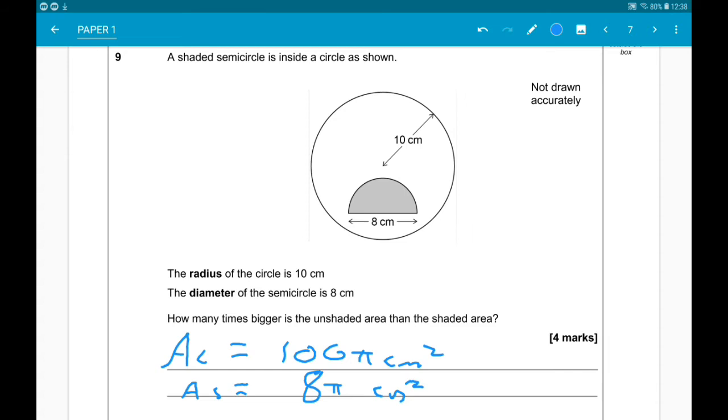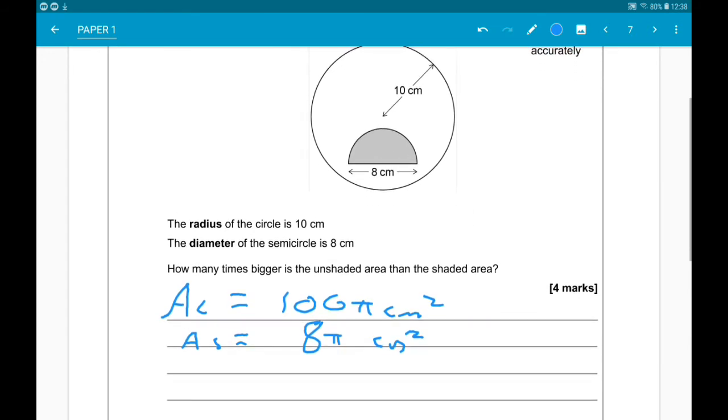Now, we now know the shaded area. What we don't know is the unshaded area. So the unshaded area is the whole circle minus the semicircle. So 100 pi minus 8 pi, it's 92 pi centimetres squared.